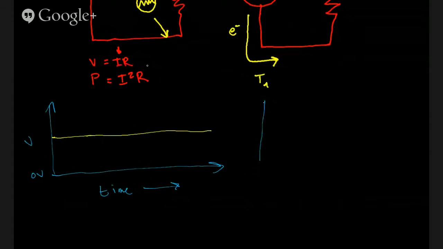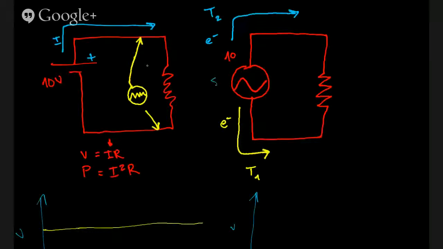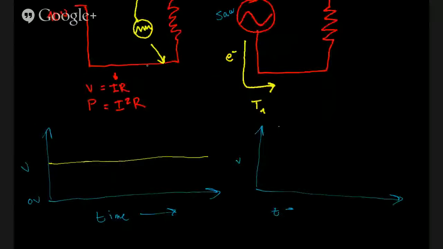Whereas with our AC circuit, we're actually going to need two guys here. Depending on the waveform, let's just say we make this a sawtooth wave, in which case our voltage might look like this.